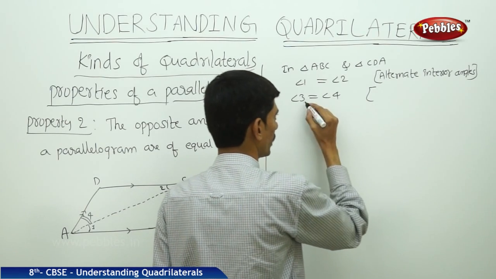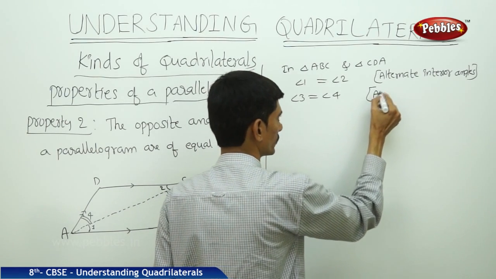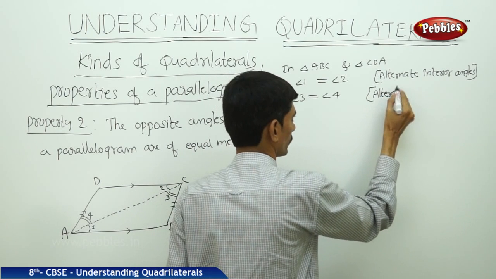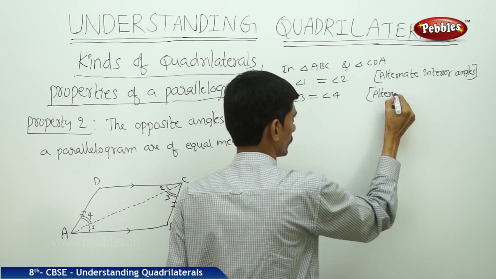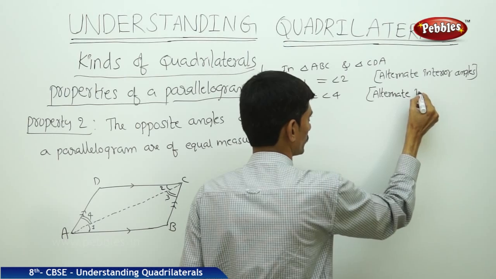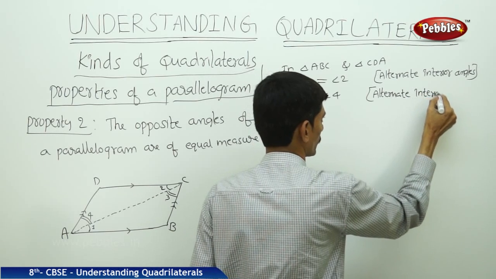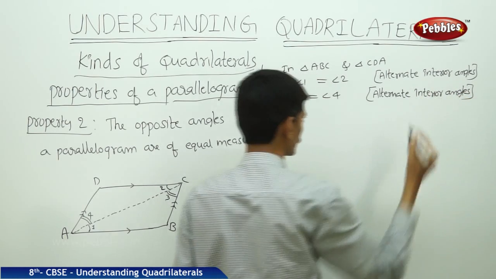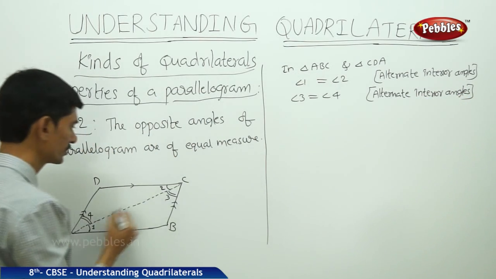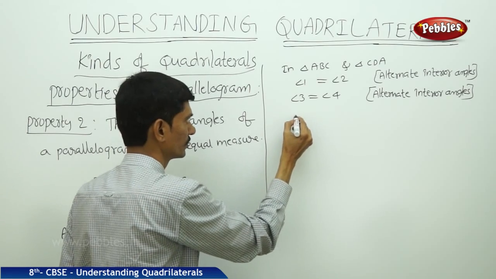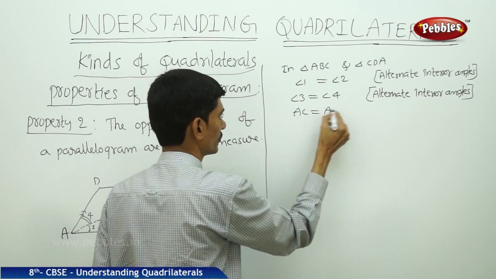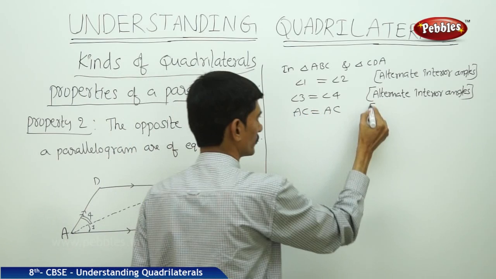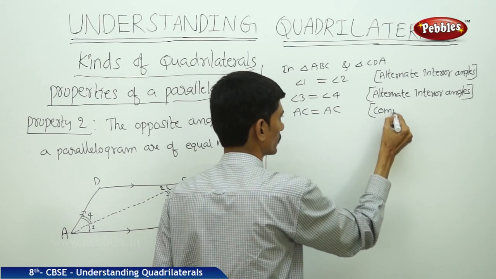So we can write that angle 3 equals to angle 4 because alternate interior angles. And here AC is a common side. So we can write that AC equals to AC. This is the common side.